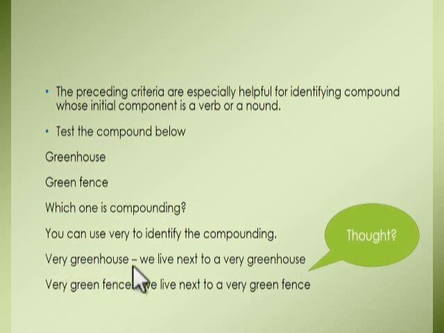This is not acceptable because the green here is not a separate adjective. We cannot use very greenhouse because it is not a house that is painted green. This is an indoor garden.